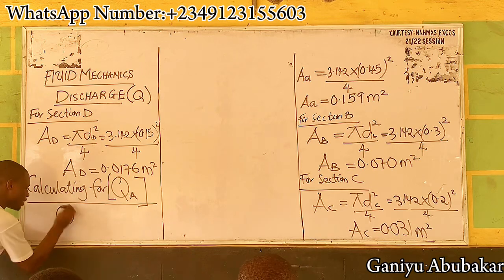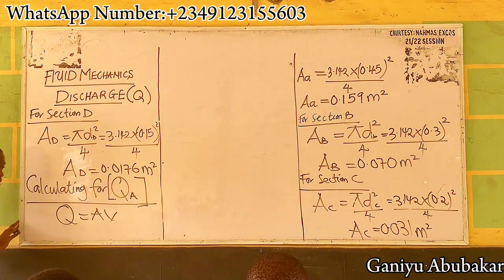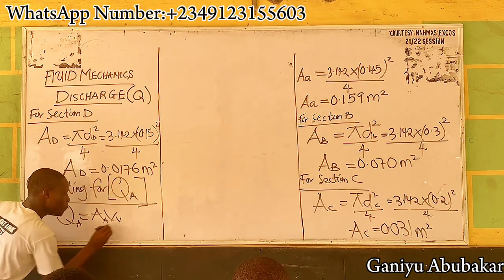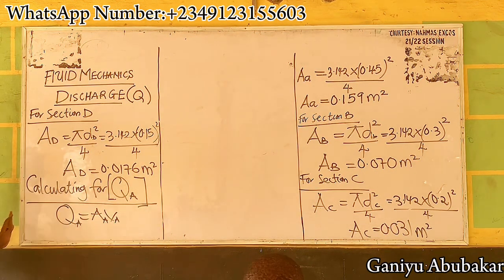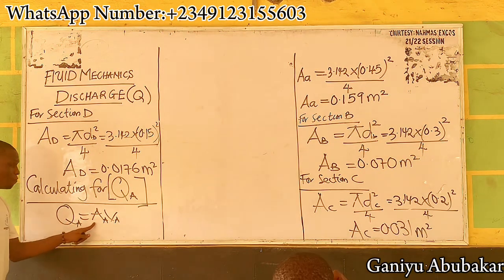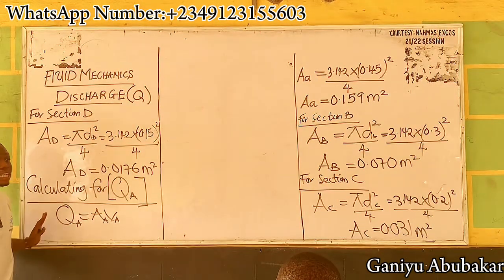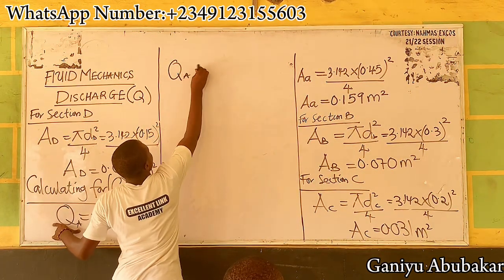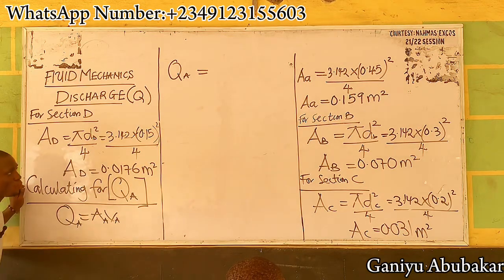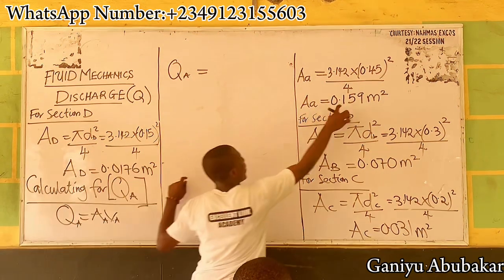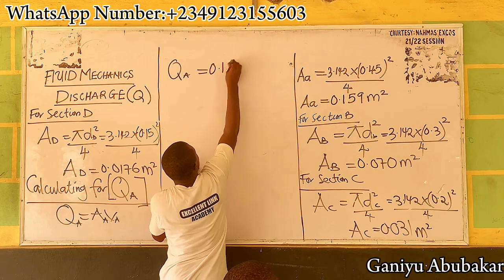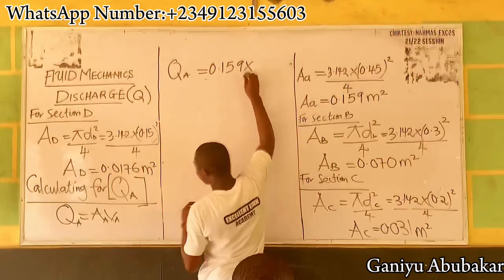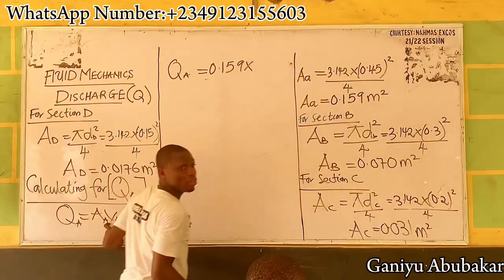Q itself is A times V, in terms of A: QA equals AA times VA. I'm looking for QA now. Area at section A is 0.159, times VA, which they gave us.